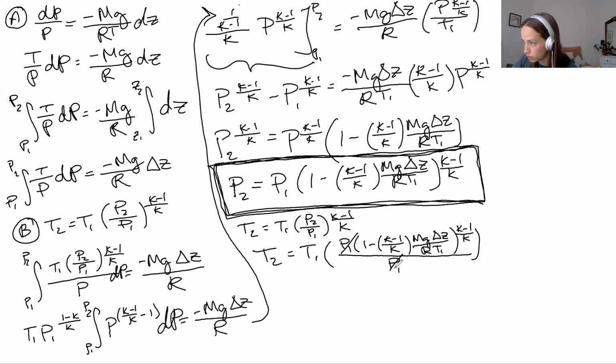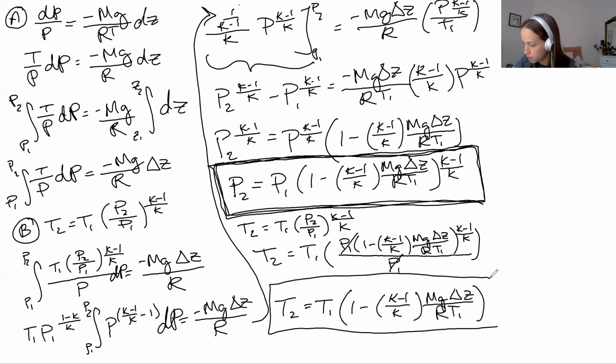So our P1s cancel, and we are left with our final temperature equation with initial temperature and change in position as variables.